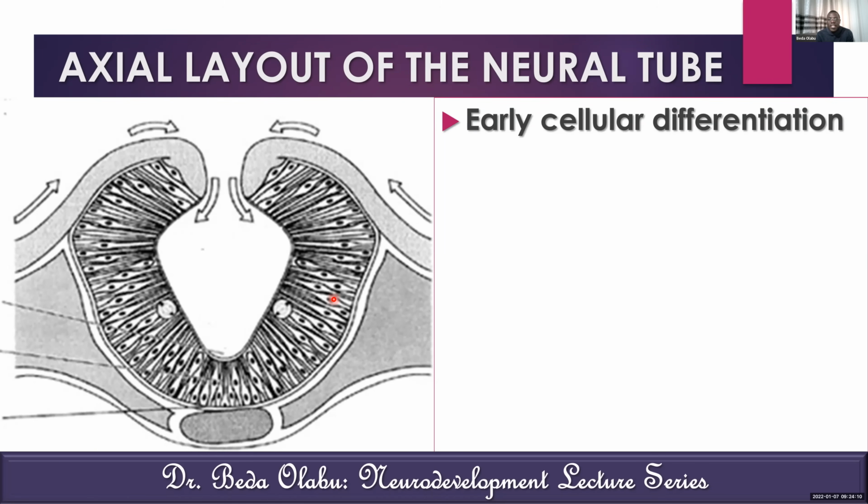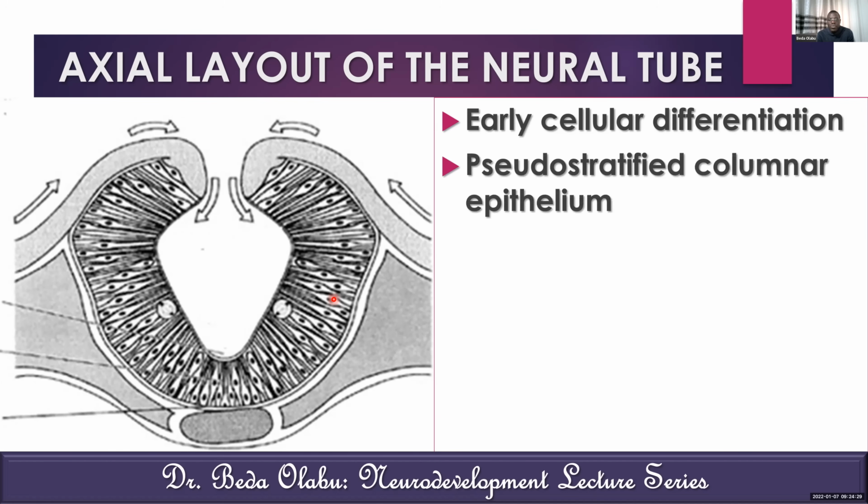The ones designated to become neurons are called neuroblasts. The ones designated to become supporting cells are called glioblasts. So neuroblasts and glioblasts differentiate quite early.